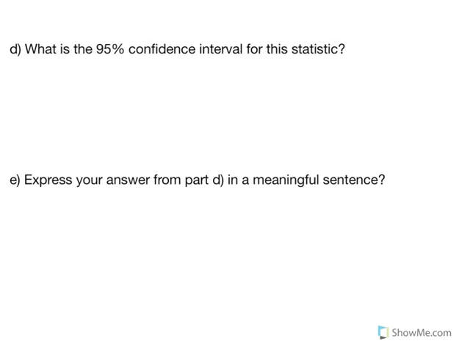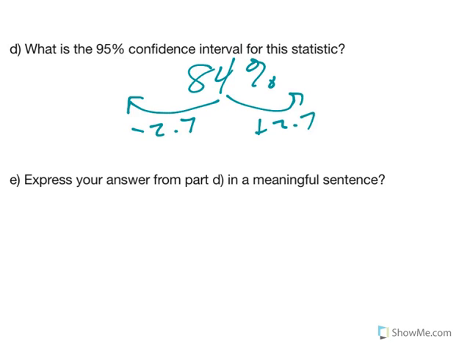So for my confidence interval, I need 84%, and we just found our margin of error. To find my interval, I subtract going to the left, I add the margin of error going to the right, and my 95% confidence interval is 81.3% to 86.7%.